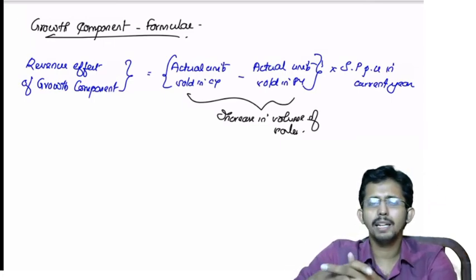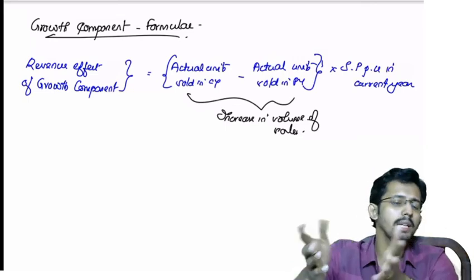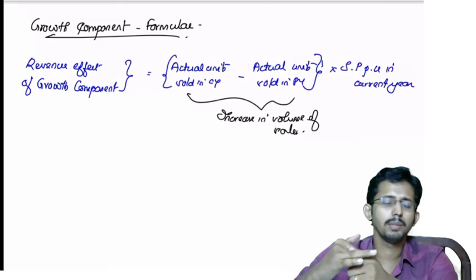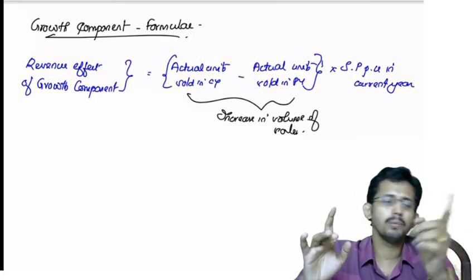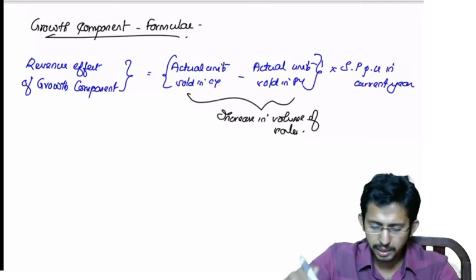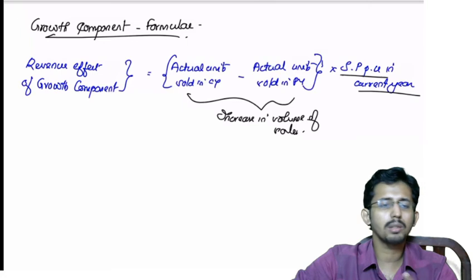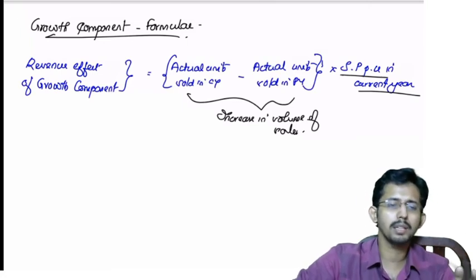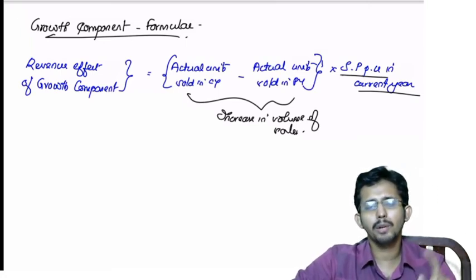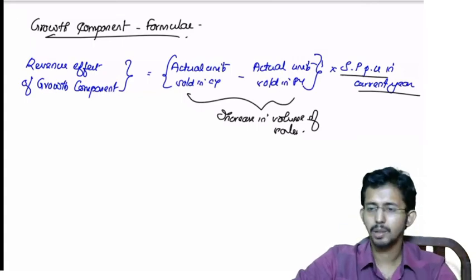Always when you multiply with a component, it should be that of the current year, because the difference between that component will be considered in a different formula. Here the selling price per unit in current year is taken, not the previous year, because the difference between selling price per unit of current year and last year is already considered as a separate item.